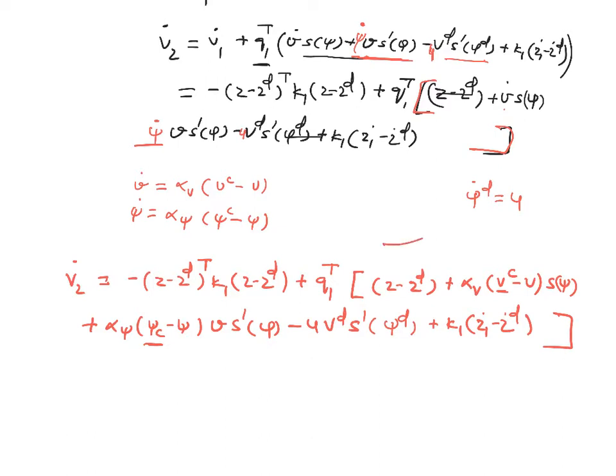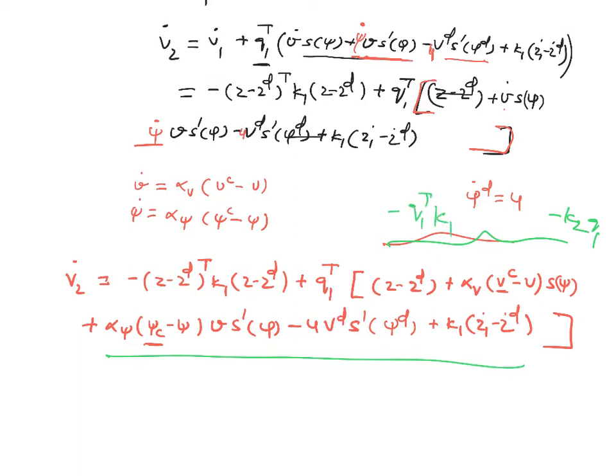So this whole thing, if I use my awesome green color here, if it is equal to minus K2 Q1, then your life is set. Because K2 is again a diagonal matrix, some gains, positive definite.